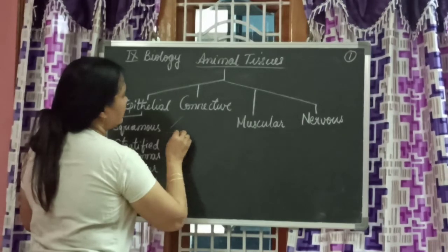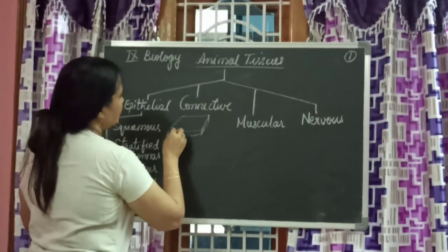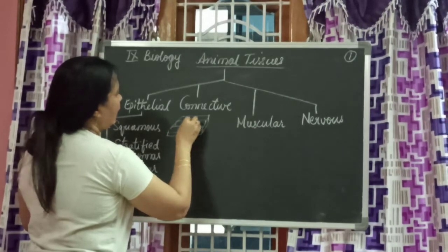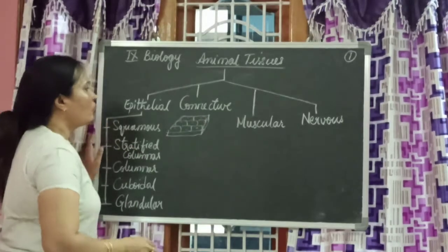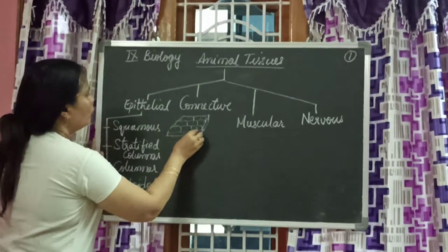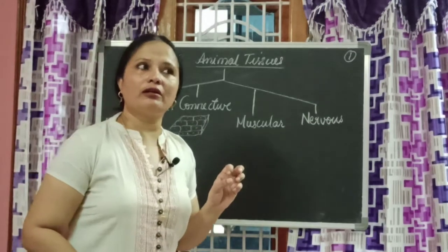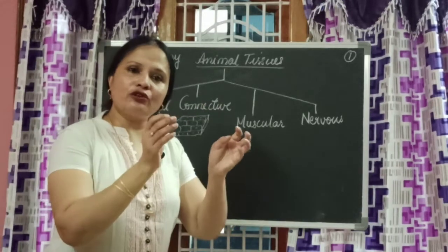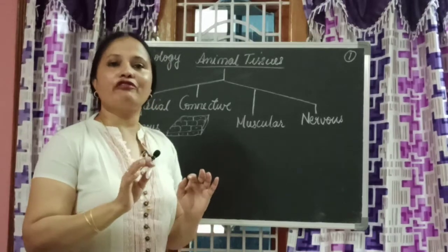If you observe the textbook, they are very flat like this. And of course, because they are epithelial, they are protective in nature. Their major function is for protection. They are delicate coverings of inner linings of organs.